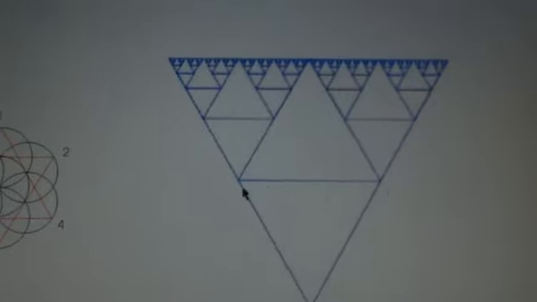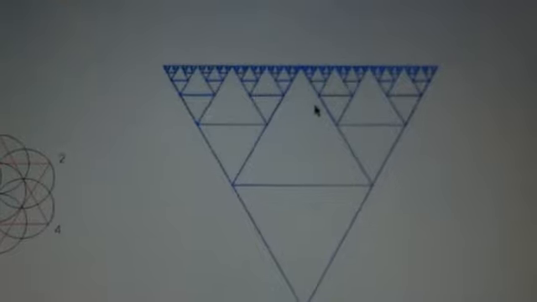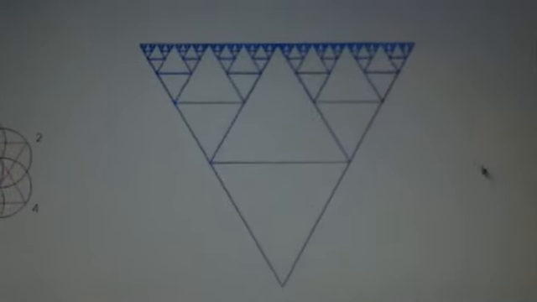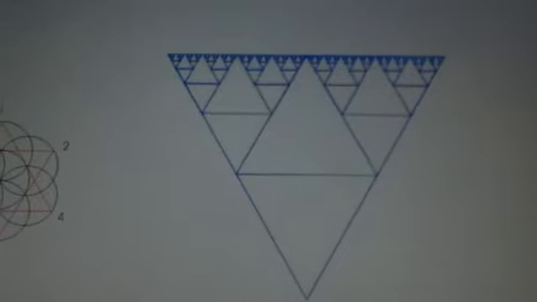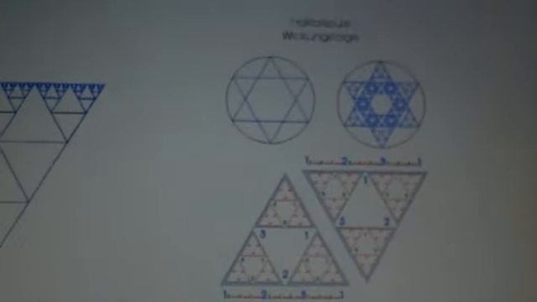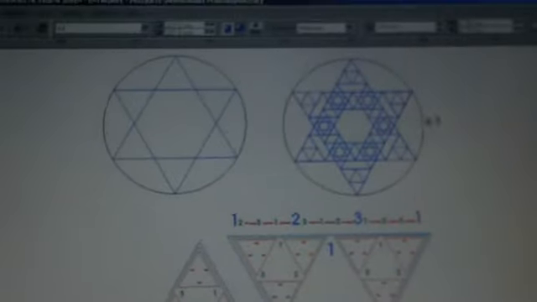And when you look at the Cantor fractal, you see this is a trinity fractal. It can't be anything else. Okay, and what's the consequence?